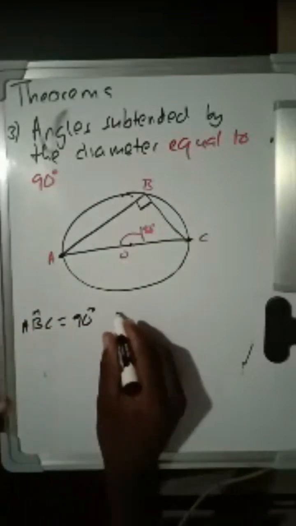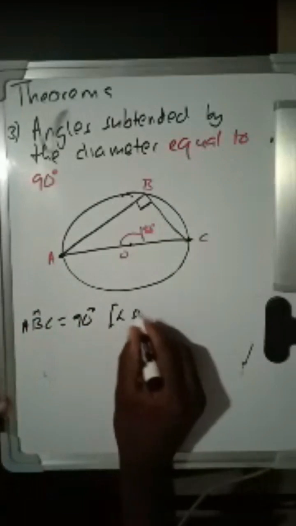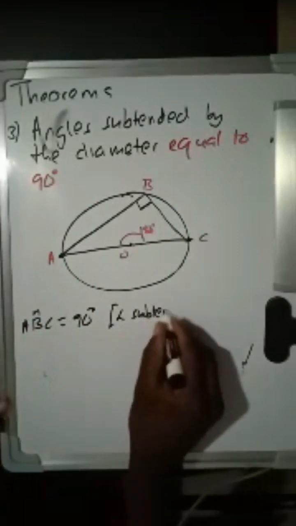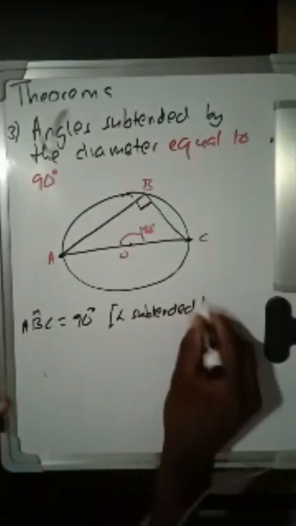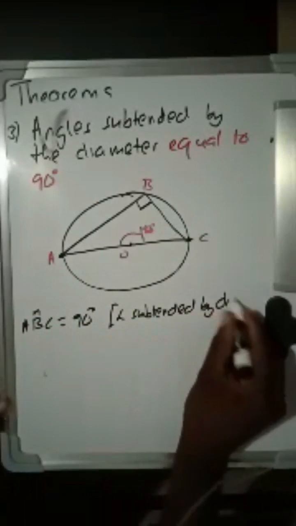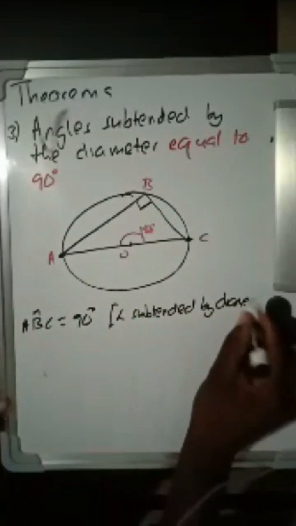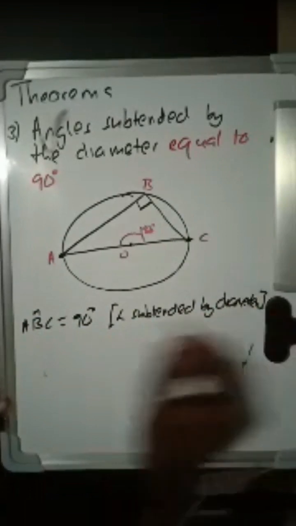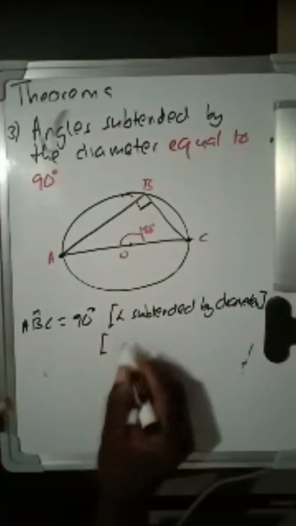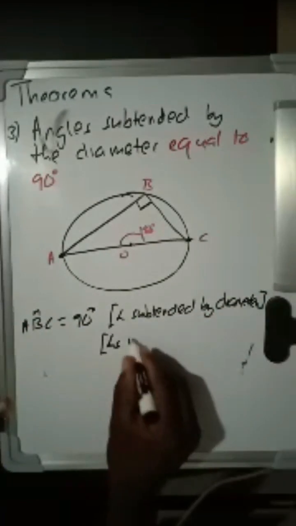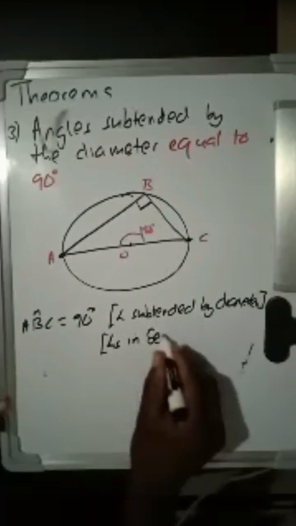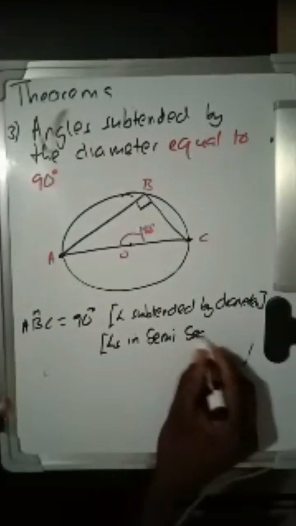The angles subtended by the diameter equal 90 degrees, so I can write ABC is equal to 90 degrees, with the reason angle subtended by diameter, or angles in semi segment.